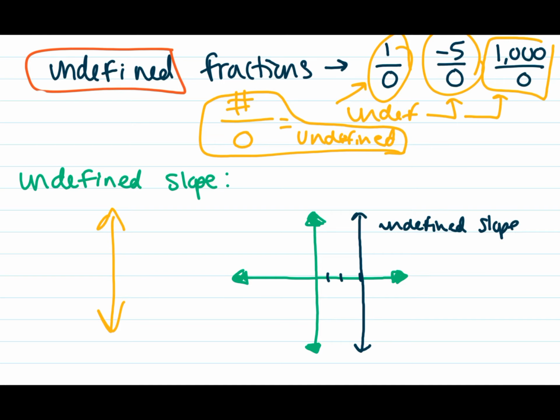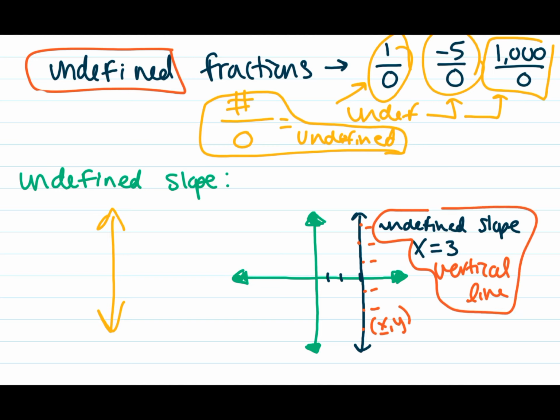And the equation for that line is x equals 3. Why? Because any ordered pair on this line, no matter what it is, I go to write that xy value. Guess what every x value on this line is? 3. So it's just showing you a vertical line where x equals 3 with an undefined slope.